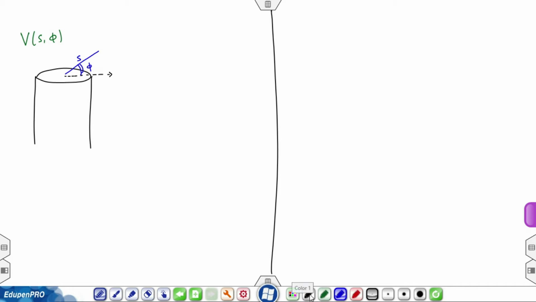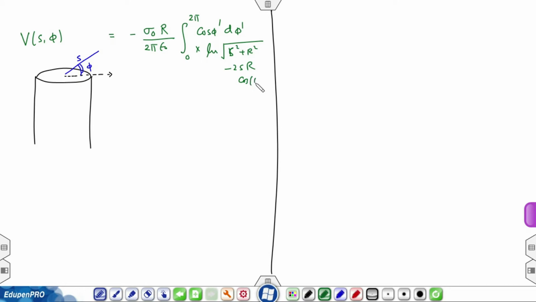So, V of s and phi I have calculated as equal to minus sigma naught r over 2 pi epsilon 0 integral 0 to 2 pi cosine phi prime d phi prime times log of square root of s square plus r square minus 2 s r cosine of phi minus phi prime. This is what I wish to calculate the integral of.